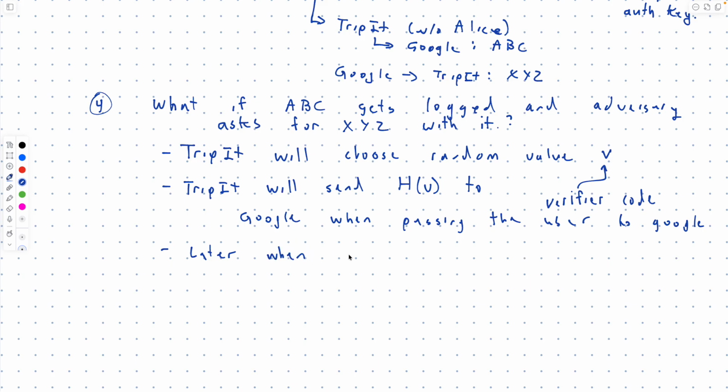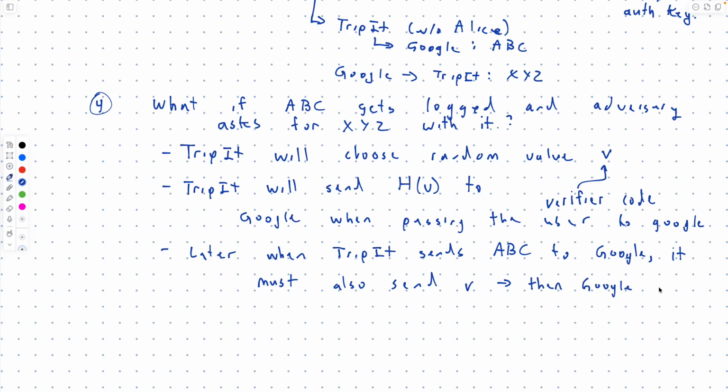So later, when TripIt sends ABC to Google, it must also send V. Then Google checks that the hash of V equals the hash of V that it got before.